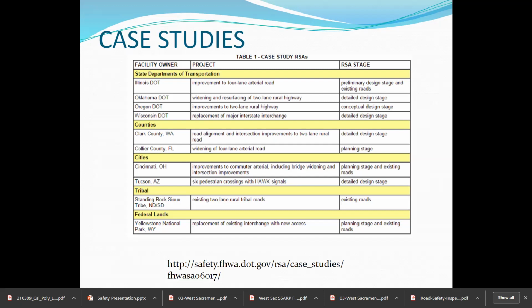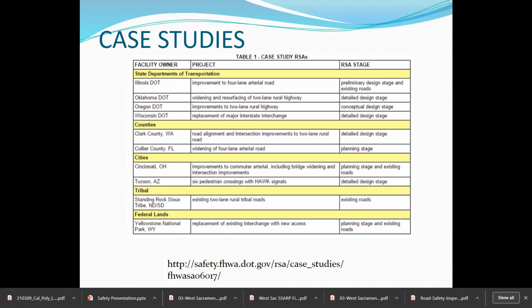So there is some overlap between what counties manage and what state DOTs manage. And then cities typically manage arterials as well, but more urban type arterials, with higher ADT and higher congestion. Tribal lands are mostly rural roads, in existing terrain. So that's the kind of roads the tribal agencies manage. And on federal lands, there could be national parks, access to national parks, and things like that.